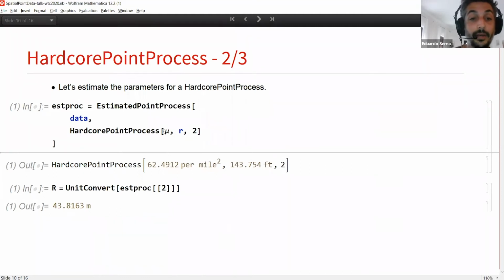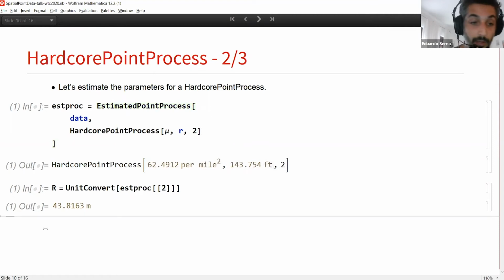So we can estimate the process, and this will give us the density and the minimum hardcore radius, which we can convert to units in my own country. 50 meters, 43 meters. The difference is partly due to the fact that some of them might not follow the law.